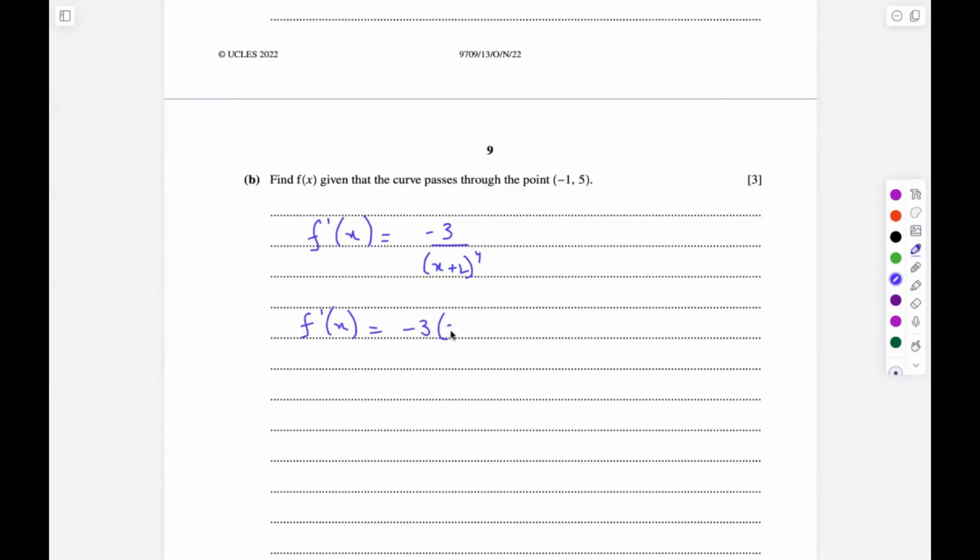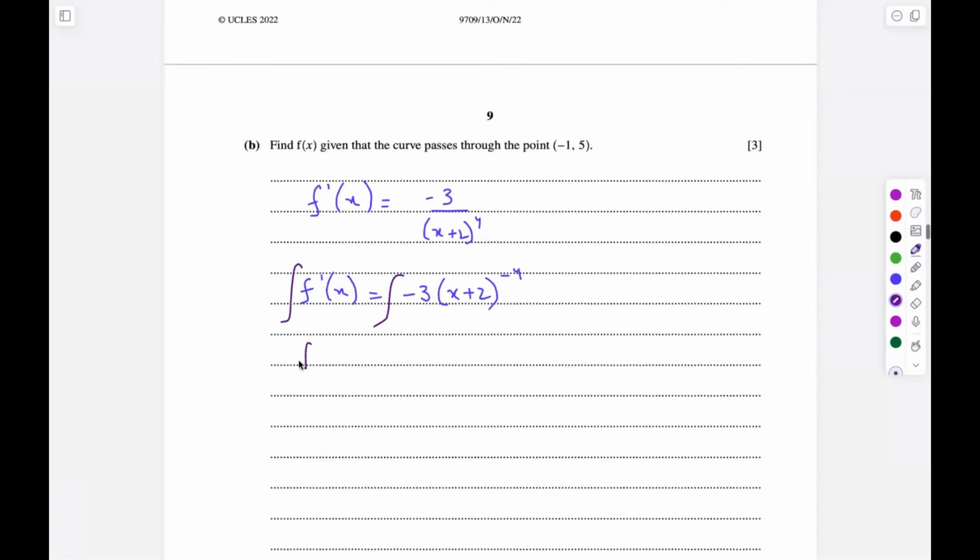So this will become minus 3 into (x plus 2) to the power minus 4. Integrating both sides, increasing the power of minus 4 by 1 will become minus 3. Dividing it by minus 3, and we'll also have to multiply with the derivative of x plus 2, but that will remain a 1, and we'll add a constant.